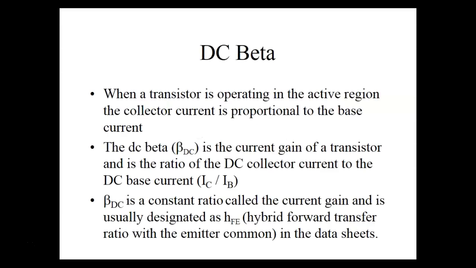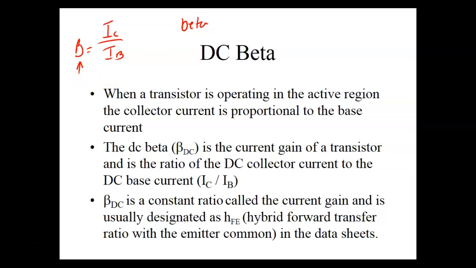So we have this thing called beta. Beta is the ratio between IC and IB. We use the Greek symbol for beta in math equations.